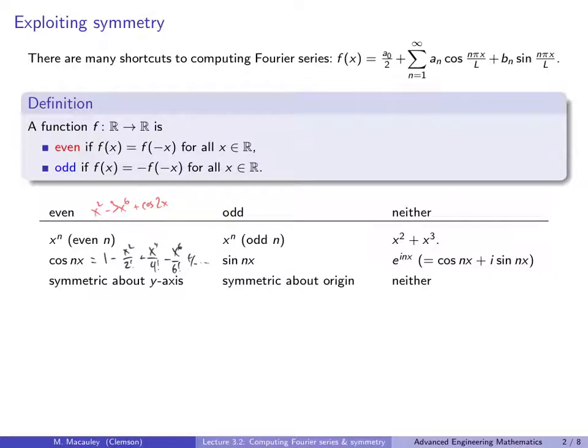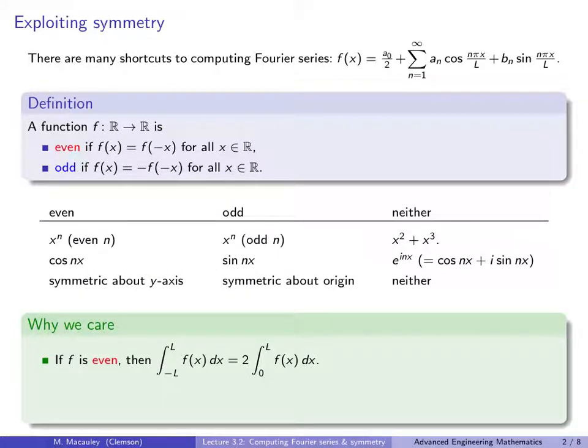And the odd functions are vector spaces as well. If I take x cubed plus 1/2 x to the 11th, or I subtract 1/3 sine of 4x, this is an odd function. They're closed under addition and under scalar multiplication.